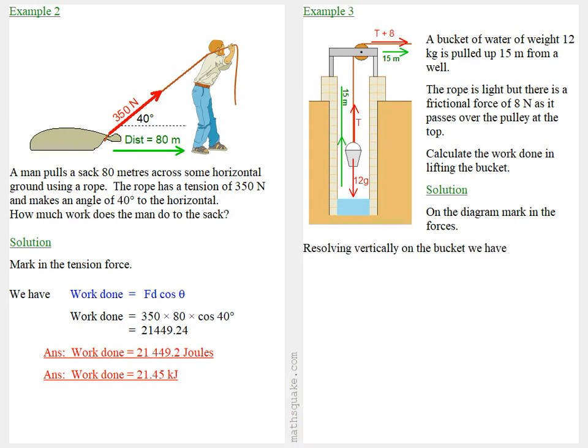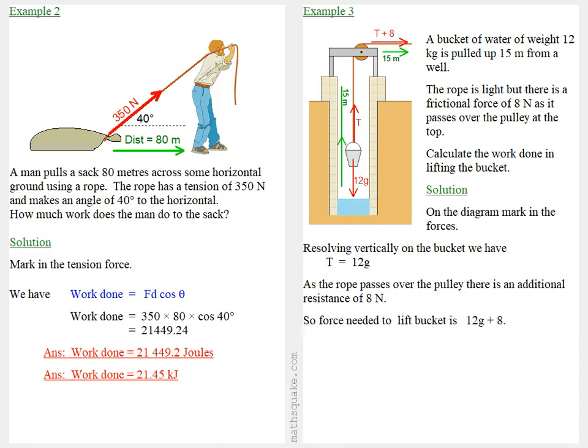Now if we resolve vertically on the bucket, we have T is equal to 12G. As the rope passes over the pulley, there's an additional resistance of 8 newtons, so the force needed to lift the bucket is 12G plus 8. The bucket is raised 15 meters, so the rope is pulled back 15 meters.